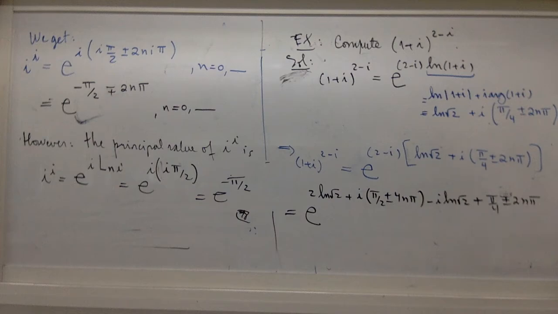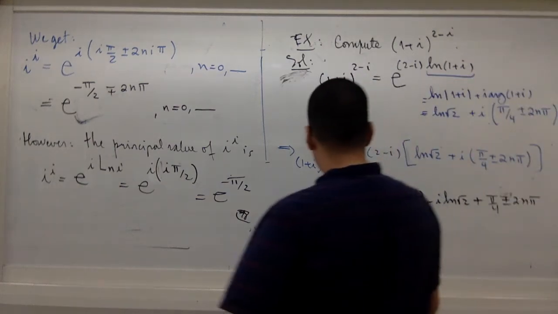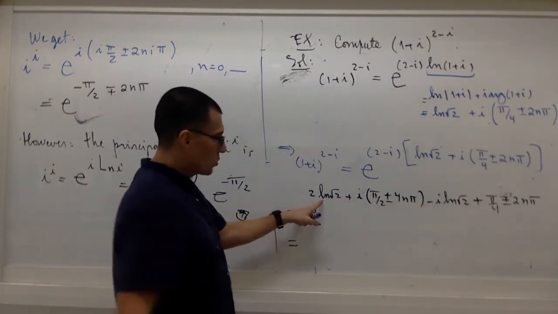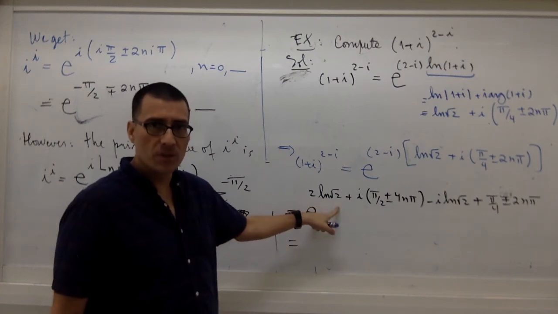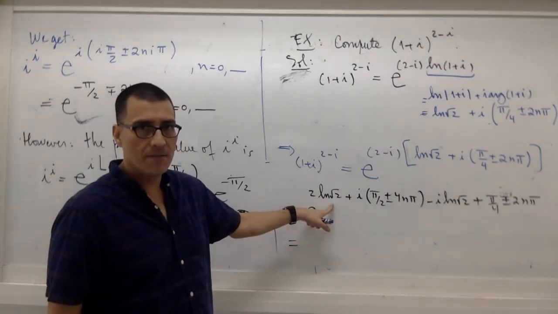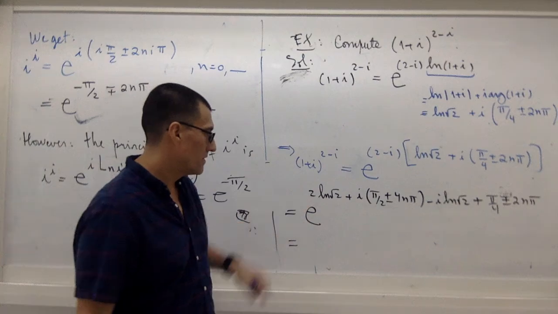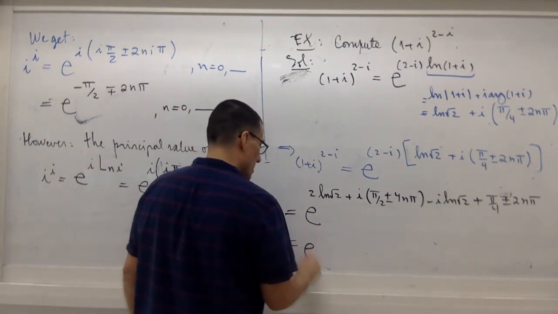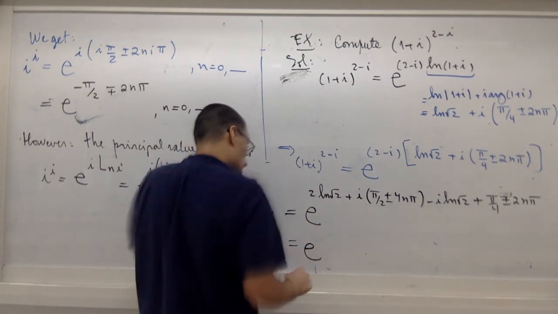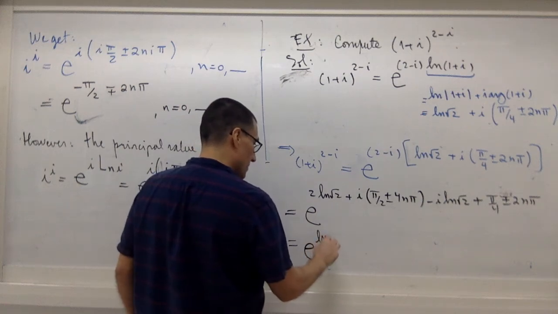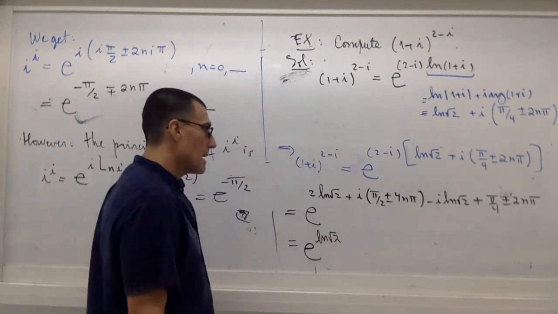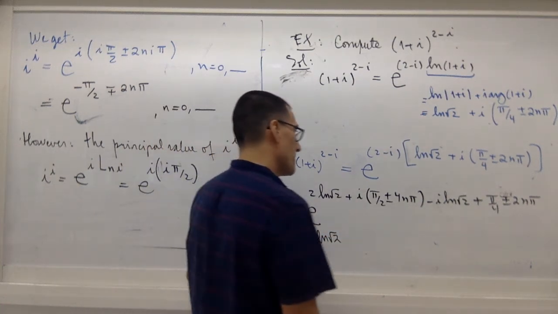Now we have a real part and an imaginary part, so we collect like terms. ln of square root of 2, we've seen this before, is 1/2 of ln 2.